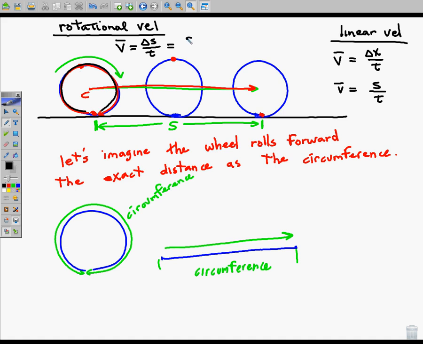So it too went a distance S in the same amount of time. So the center of the object went from here to there, a distance S in amount of time t, and a point on the outside went all the way around from here to there, a distance S in the same amount of time t.